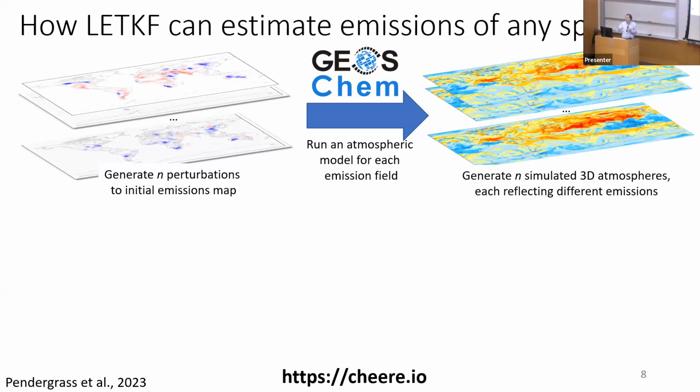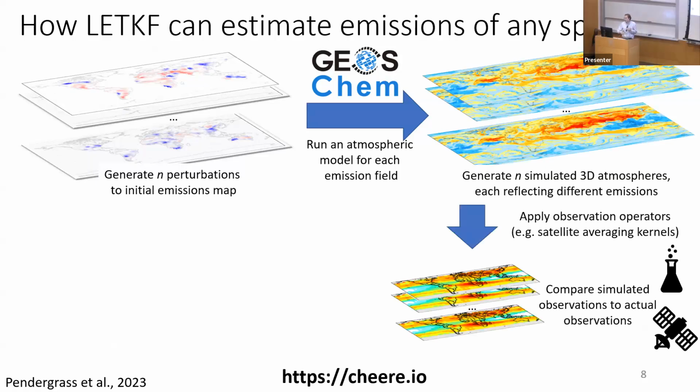And this generates a bunch of different possible atmospheres, each reflecting these different emissions. And this emission perturbation is drawn from your overall uncertainty. So if you have a 50% uncertainty, you perturb your emissions by about 50%, and you get the spread of atmospheres that result from your uncertainty. And you're taking a sample of this. So you're only doing this 16 or 32 times. So you're trying to sample the space of uncertainty.